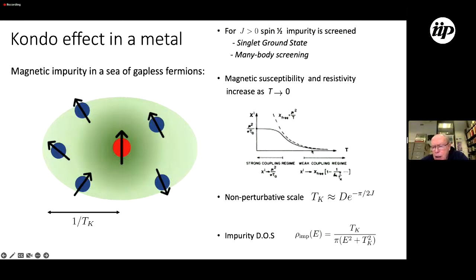And the scale Tk that emerges, which characterizes both high temperature and low temperature, is Tk equals D e to the minus pi over 2J, where D is the cutoff, a non-perturbative scale that emerges. And the density of states of the electrons around the impurity is also characterized by this Tk, Tk over E squared plus Tk squared. So this is the standard Kondo effect.